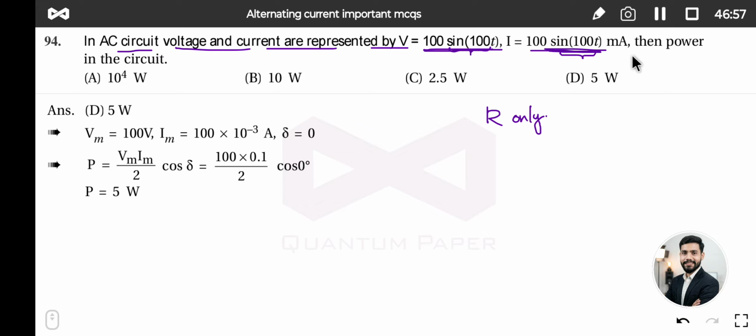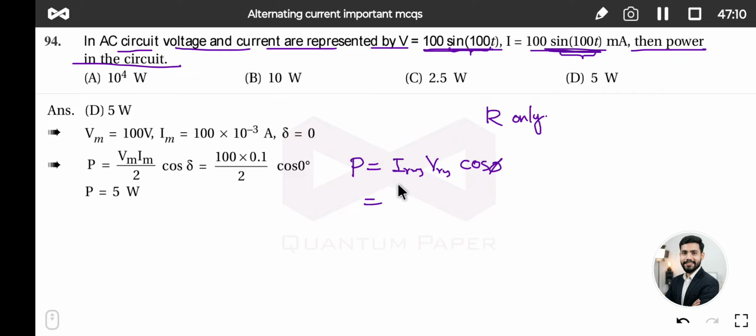So power in the circuit: average power is IRMS into VRMS into cos phi. If you apply the formula, IRMS is nothing but I naught upon root 2, VRMS is V naught upon root 2, and cos phi: both current and voltage are in the same direction, so phi is 0 degree here.